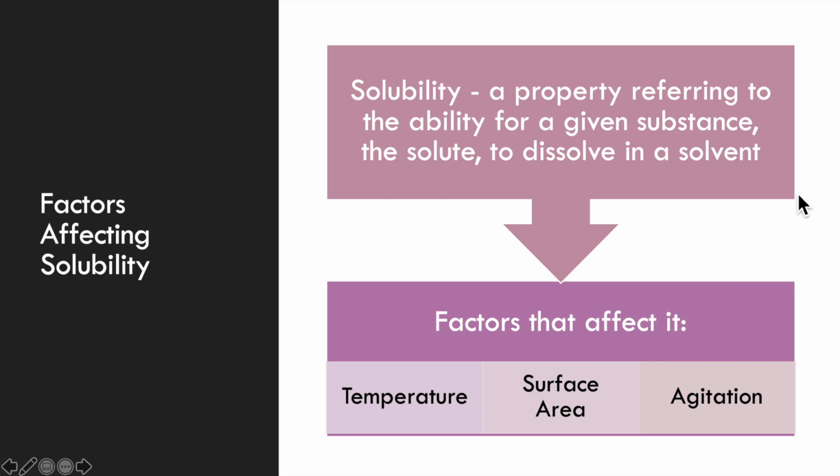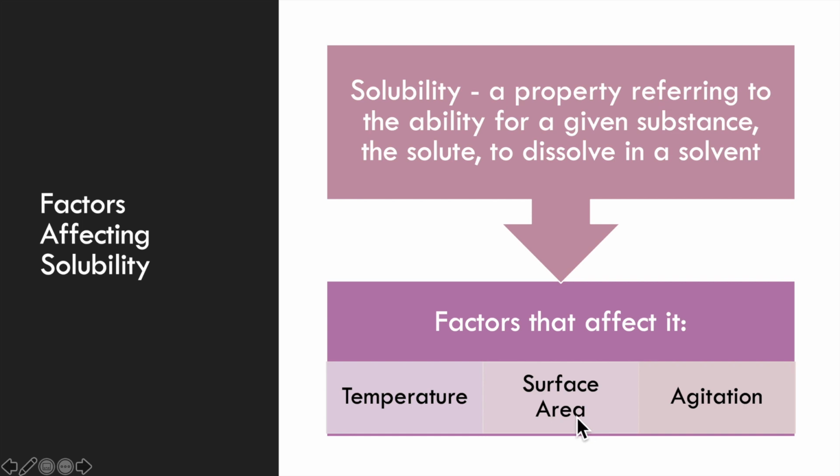Now, a few different things affect how well something can dissolve, or it can affect the solubility. Number 1 that we can list is temperature, right? For example, we just mentioned tea and sugar. If you put sugar into hot tea, it dissolves a lot quicker.